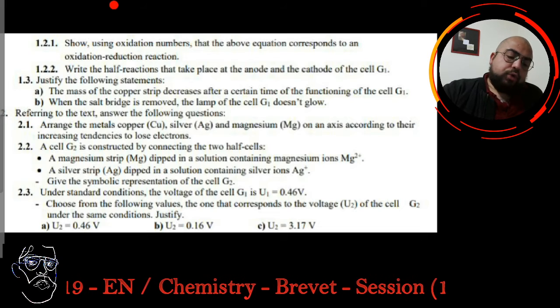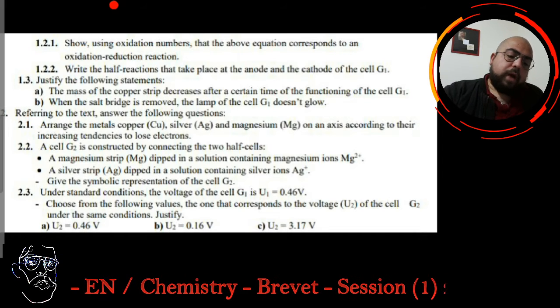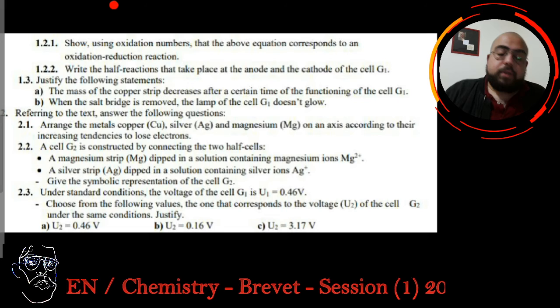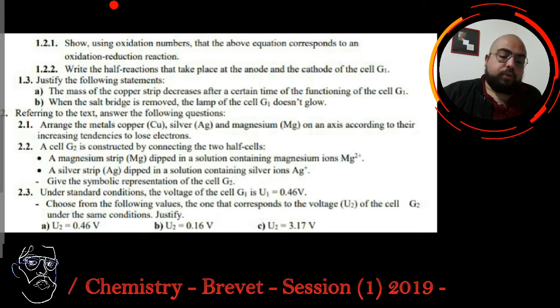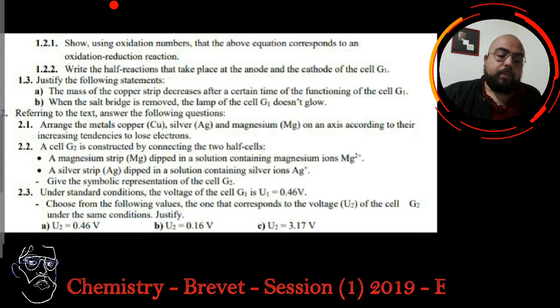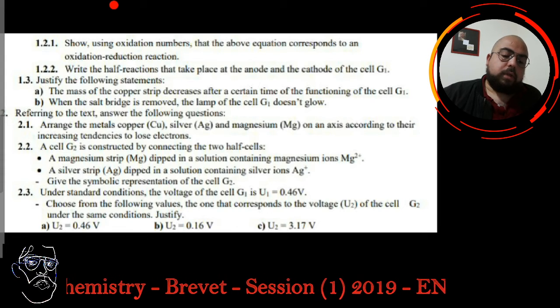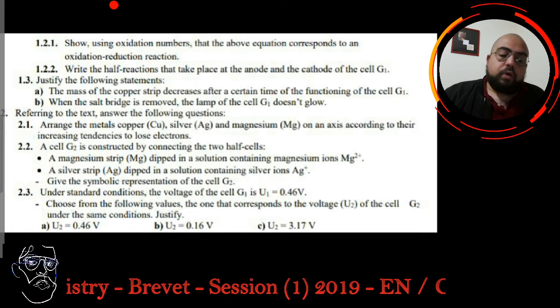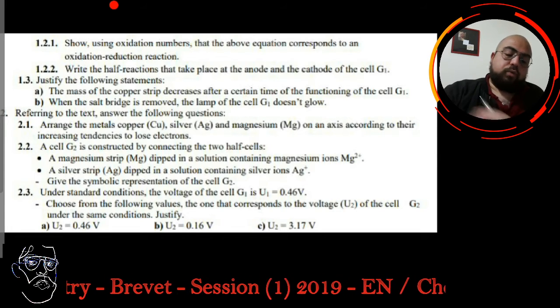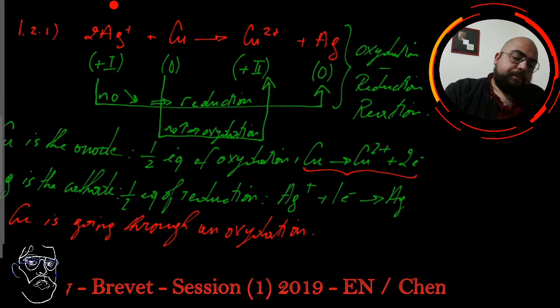A cell G2 is constructed by connecting the two half cells: a magnesium strip Mg dipped in a solution containing magnesium ions Mg2+, and a silver strip Ag dipped in a solution containing silver ions Ag+. Give the symbolic representation of the cell G2. So this is 2.2.